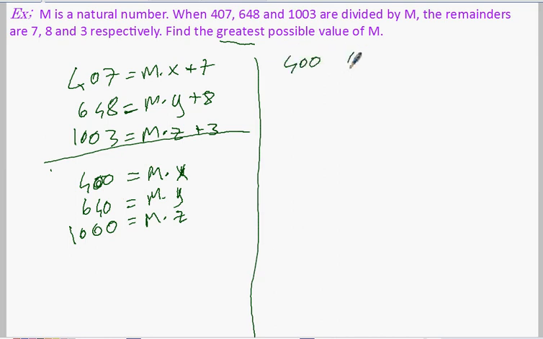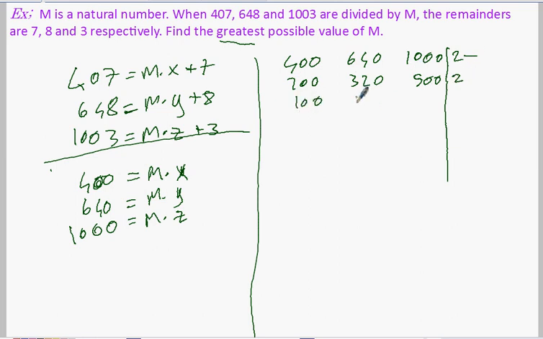400, 640 and 1000. Start with 2. It's going to be 200, 320 and 500. We changed every number. With 2 again, 100, 160, and 250.